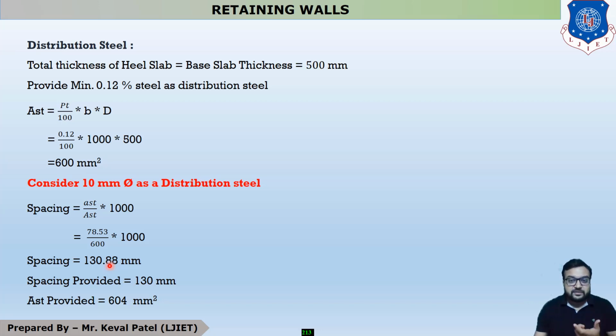So we provide spacing as 130 mm center to center. After finding spacing provided, we find AST provided. So our AST provided is 604 mm square. So this is the end of our step number 6, which is the design of toe slab.